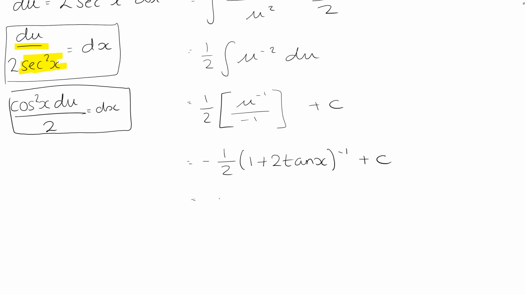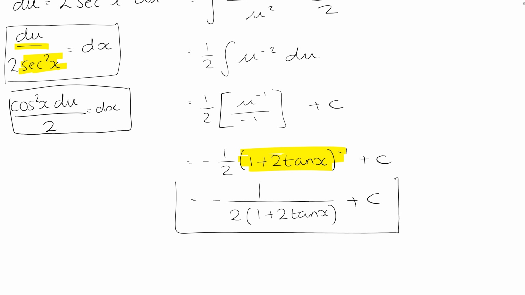Alternatively, what the examiner might be expecting to see in the mark scheme: because this is all to the power of minus 1, that is the same as having it as part of my denominator, so minus 1 over 2 lots of 1 plus 2 tan x, plus c. Either of those two are equally correct forms, worth 5 marks.